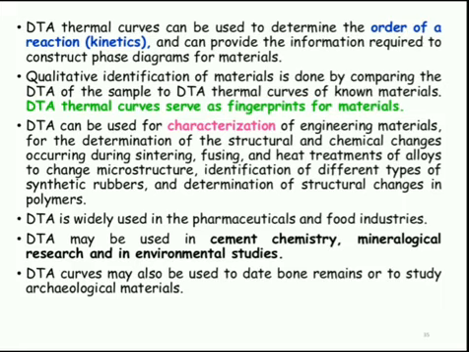The furnace is used to heat the sample, and the holder is used to hold the sample and also the reference material. A furnace programmer and controller increases the furnace and sample block temperature at a linear rate per minute.